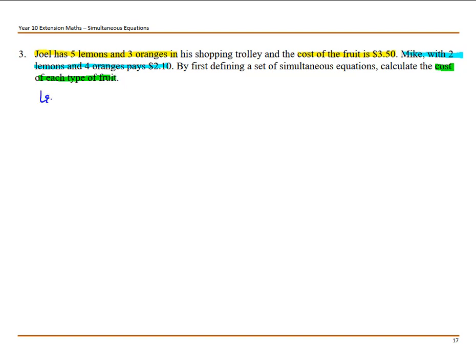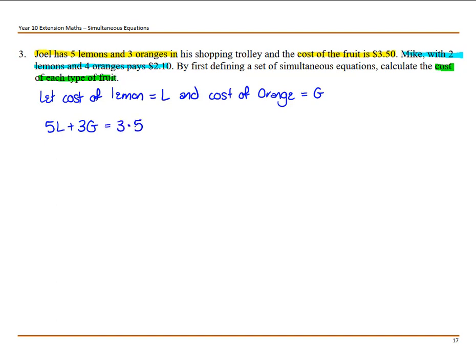So let cost of a lemon equal L and cost of an orange. Now you can't let it equal O because it'll look like a 0. So I'm going to use G. So Joel has 5 lemons and 3 oranges and his cost is $3.50.